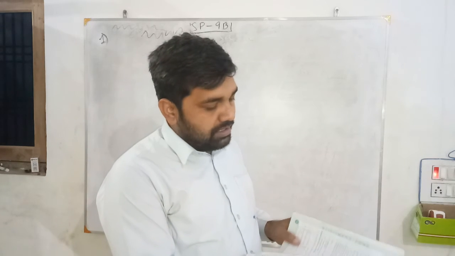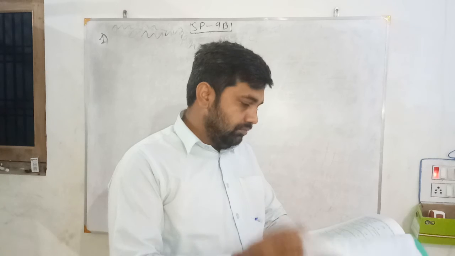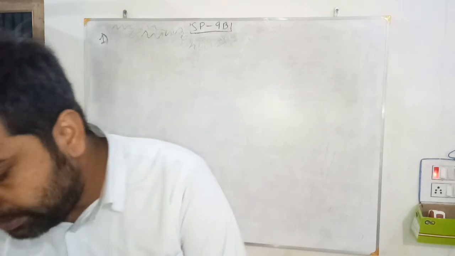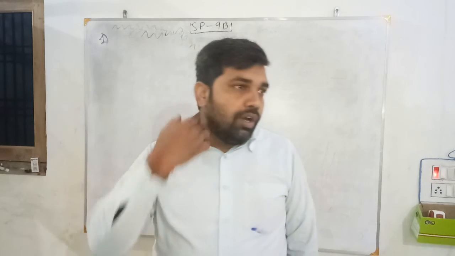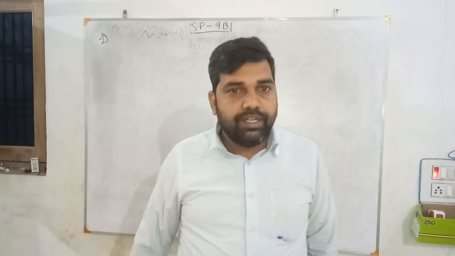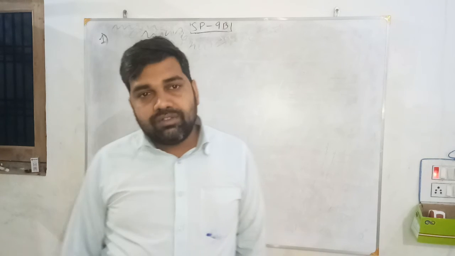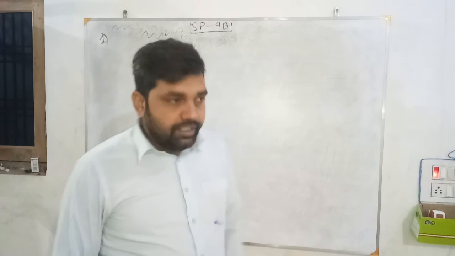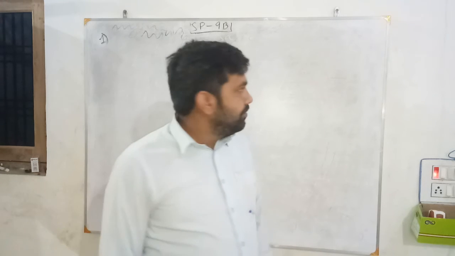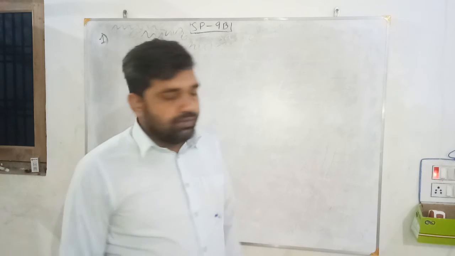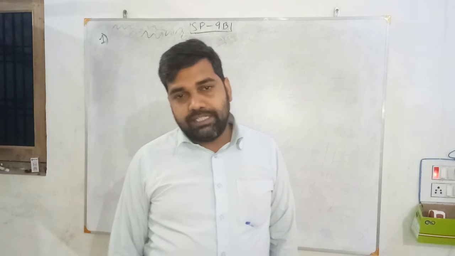Besides that, you have to write all the prime numbers between 1 to 100, and you have to write the squares and cubes of all the natural numbers from 1 to 30.